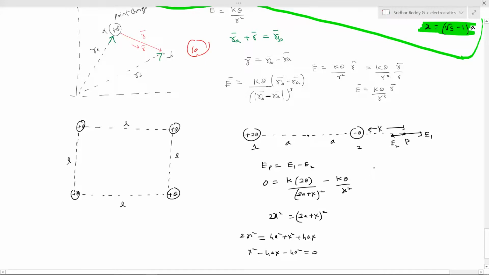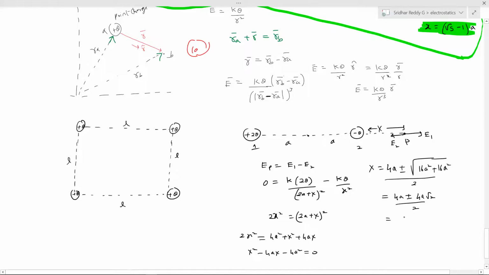Okay, now we'll solve this one. This becomes a quadratic equation for X: X equals 4A plus or minus root of 16A square plus 16A square, by 2. 16 plus 16 is 32, and 32 is 16 into 2, so we get 4A root 2.